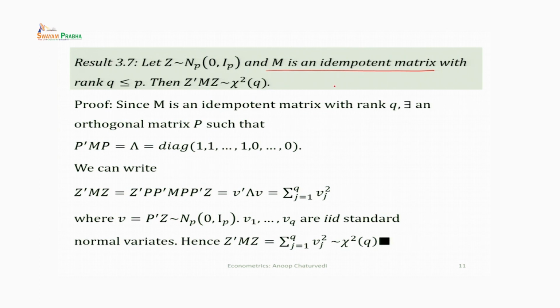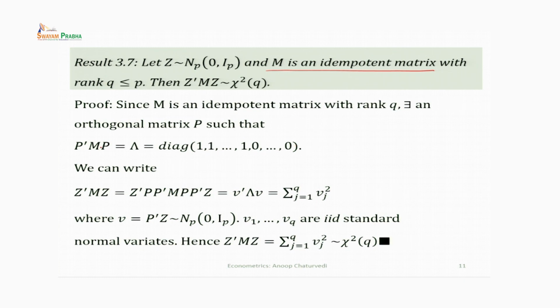In the last lecture, lecture 2, we discussed the result that if M is an idempotent matrix having rank q, then there exists an orthogonal matrix P such that P transpose M P is equal to lambda, and lambda is a diagonal matrix having elements 1, 1, 1, 0, 0, and so on.